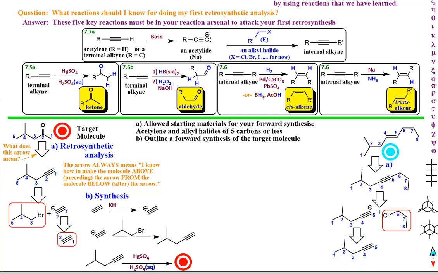So I'll tell you where this came from. It came from these two things. Let me just grab them. The bond between 3 and 4 was made by acetylide attacking carbon 3 in isobutyl bromide, and acetylide, which is this species here, came from acetylene, which is this species here.